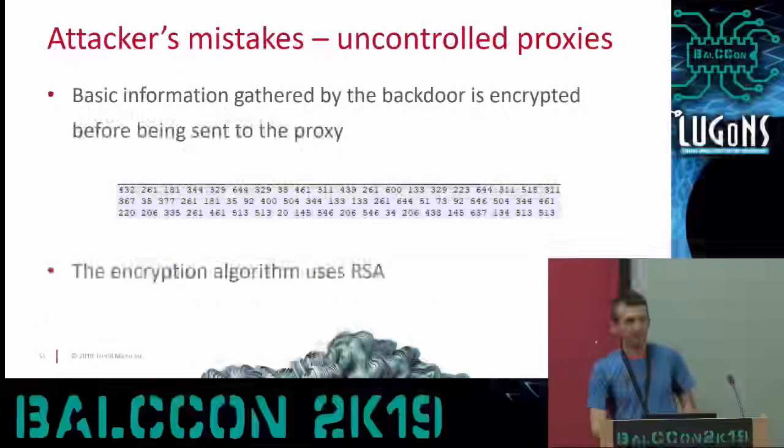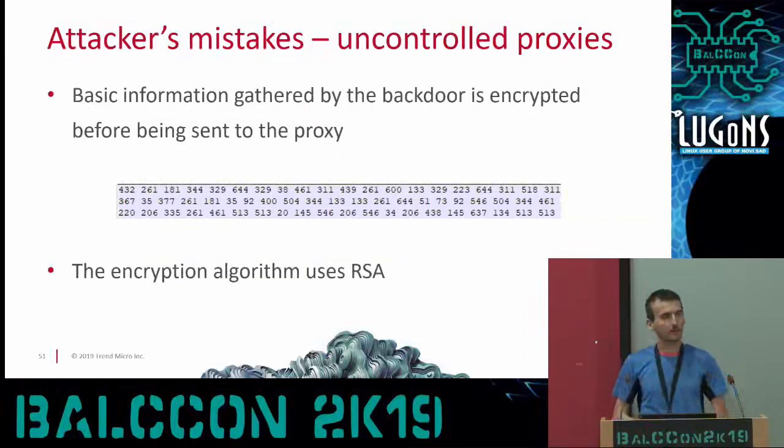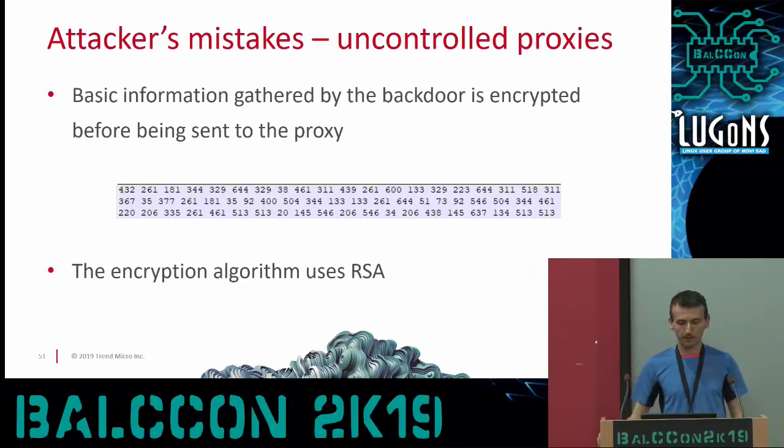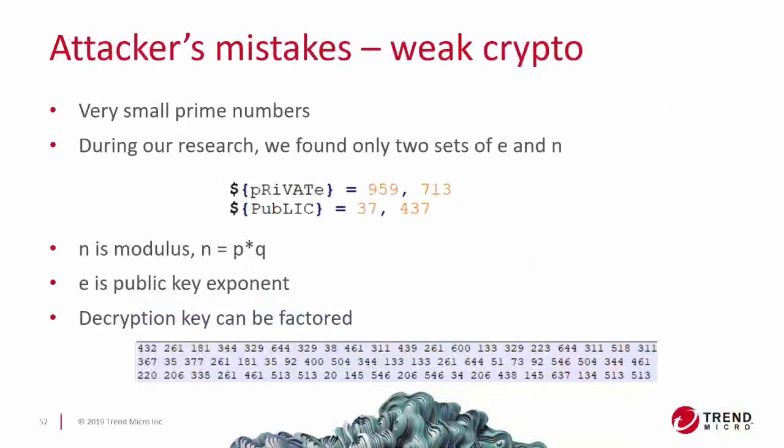I mentioned that there has been encryption, and this is how the encrypted traffic looked. There were lots of numbers, and they had only 3 digits: a 3-digit number, space, and another 3-digit number. After reverse engineering, we found that these were the prime numbers used for encryption. For RSA, as you can see, they are very small.